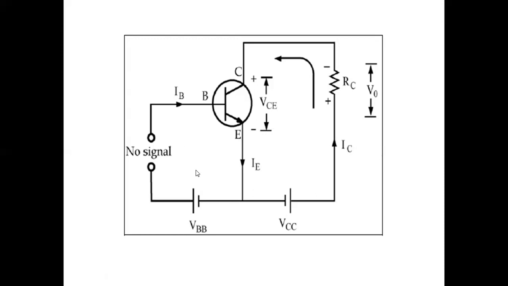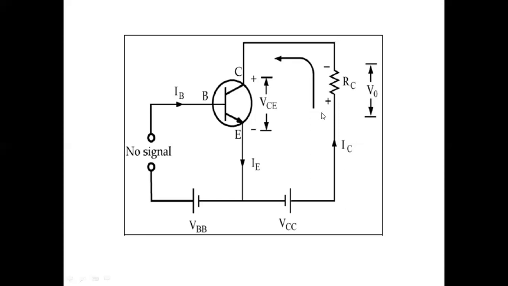If we apply Kirchhoff's voltage law to the collector circuit in the given circuit diagram, what happens? We get VCE, the collector to emitter voltage, as VCC minus IC into RC.